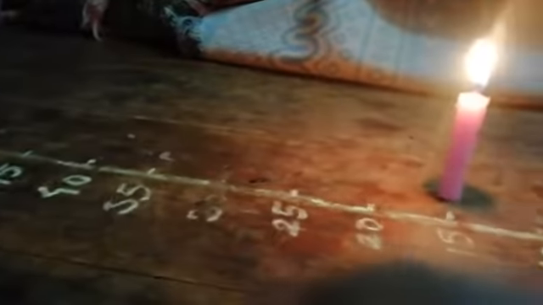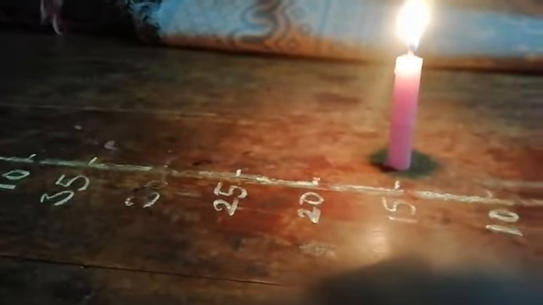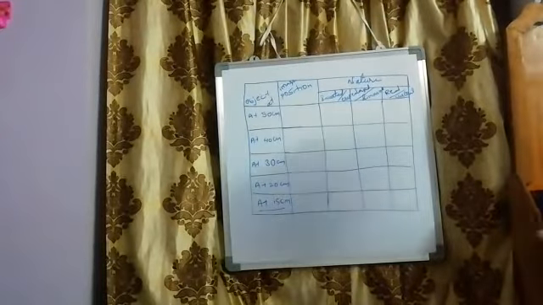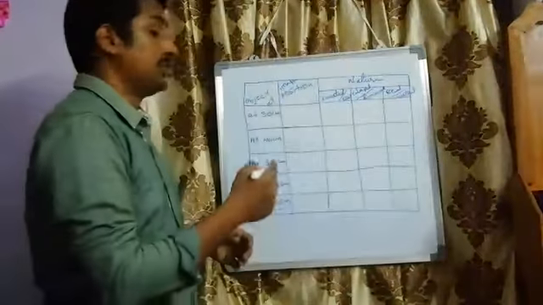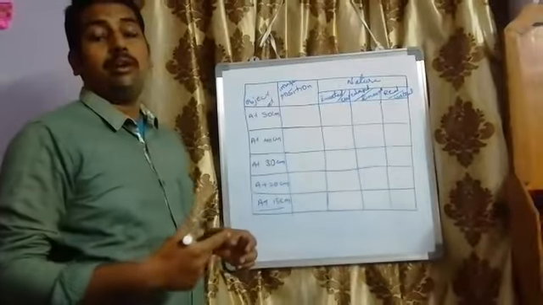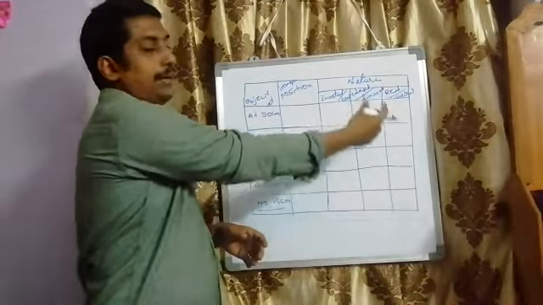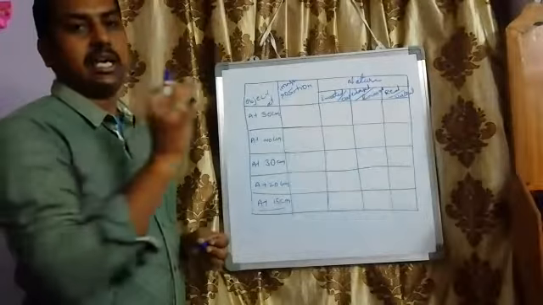So according to the different position of object, we found a different character and different position of the image. Let us describe it again.